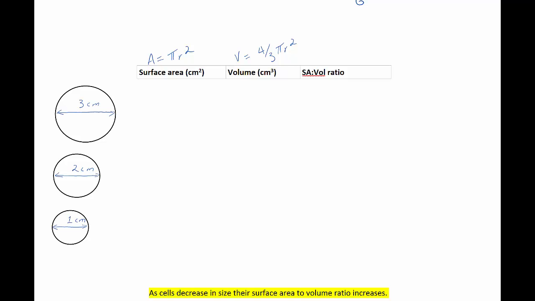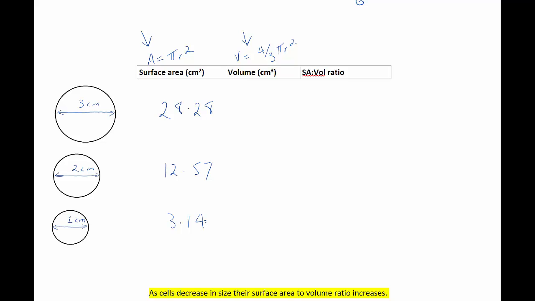So if you were to calculate the surface area and volume of 3 different size spheres, one being 3 centimeters in diameter, another being 2 centimeters in diameter, and the last one being 1 centimeter in diameter, what you would find is that the 3 centimeter diameter sphere would have a surface area of 28.28, and then respectively 12.57 and 3.14 centimeters squared.